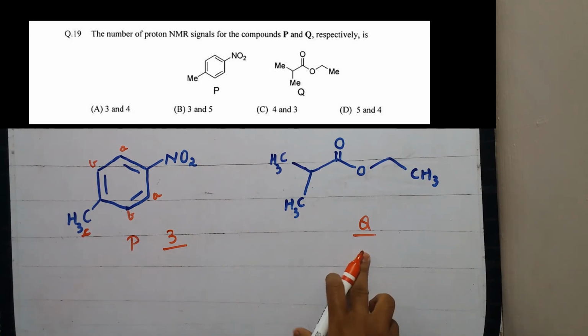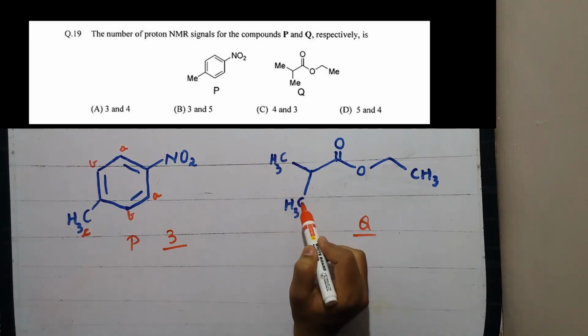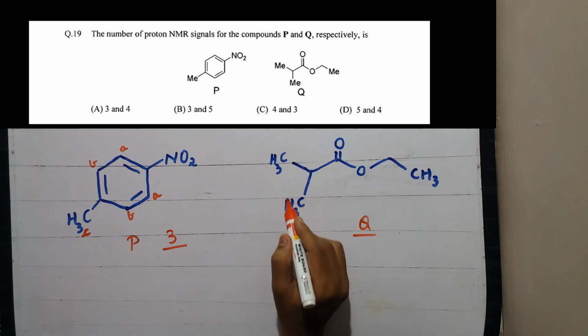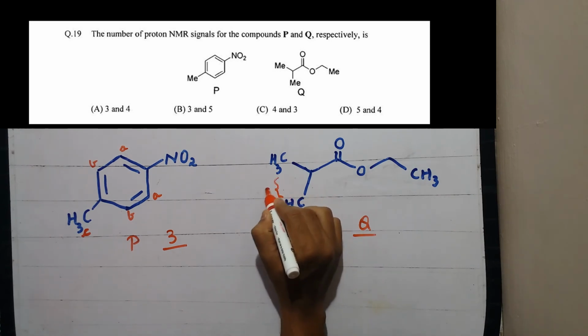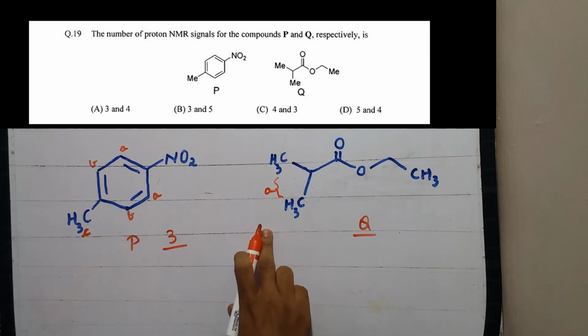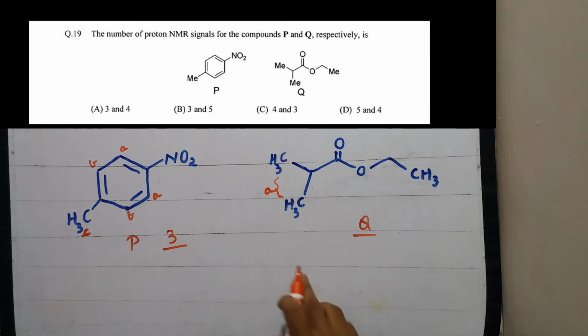Consider compound Q. These two CH3 are in the same environment, hence I will say peak A is given by these two CH3. Then comes the CH.